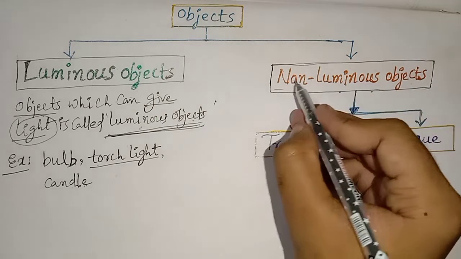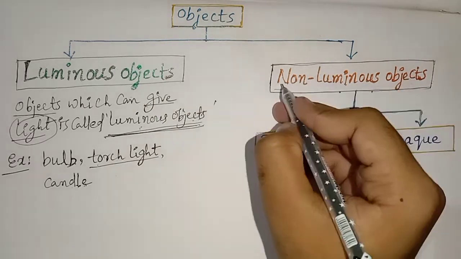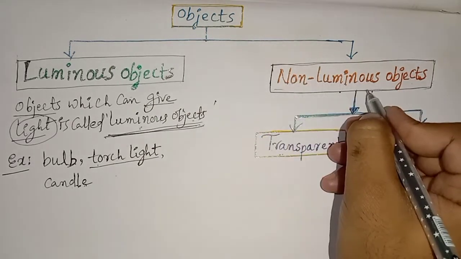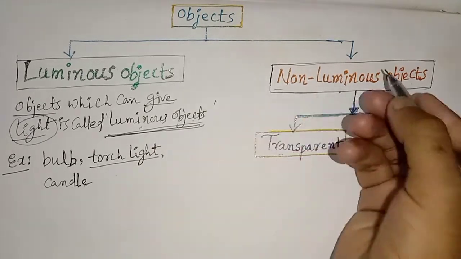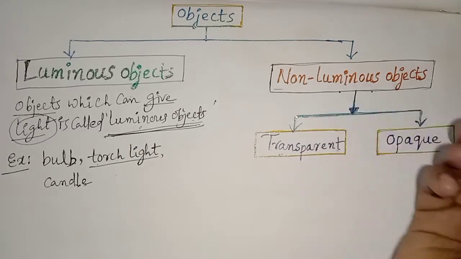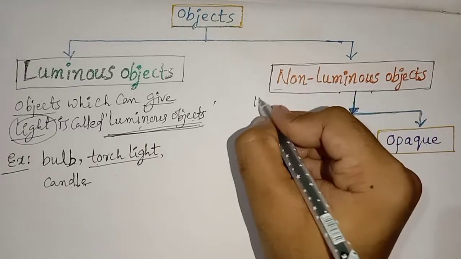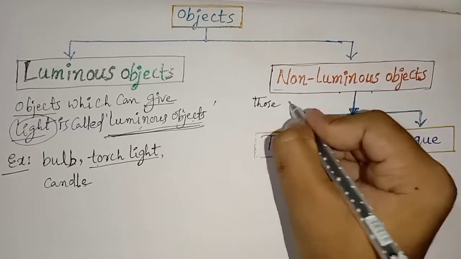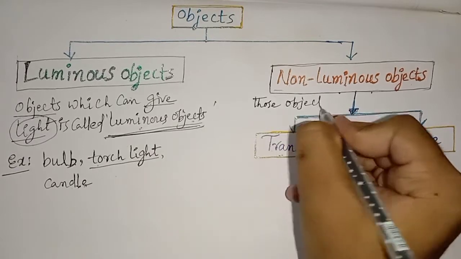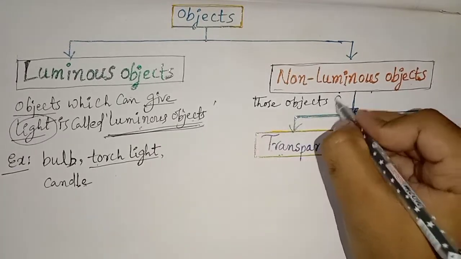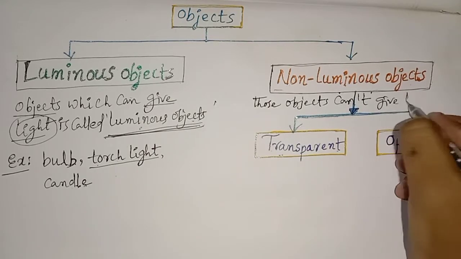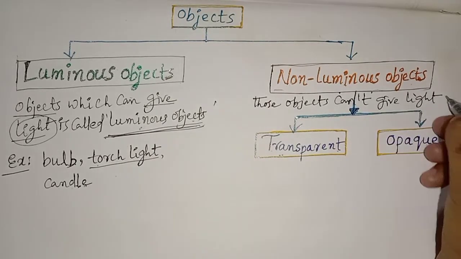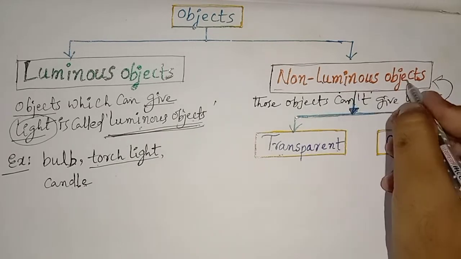Remember, students, non-luminous objects are the objects which can't give light. Those objects which can't give light are called non-luminous objects.